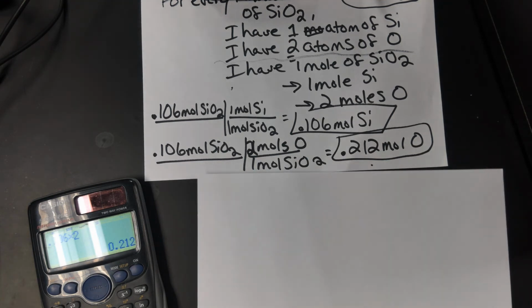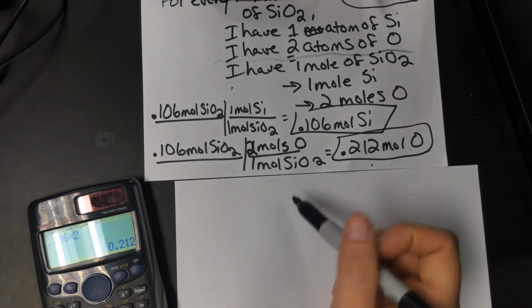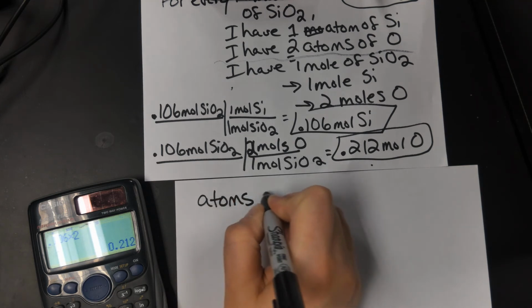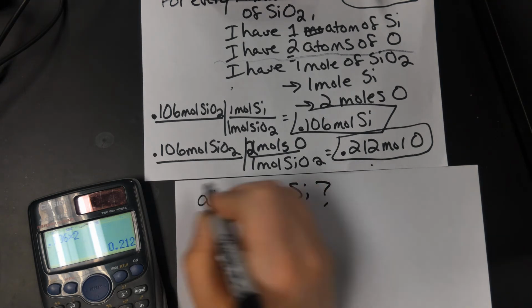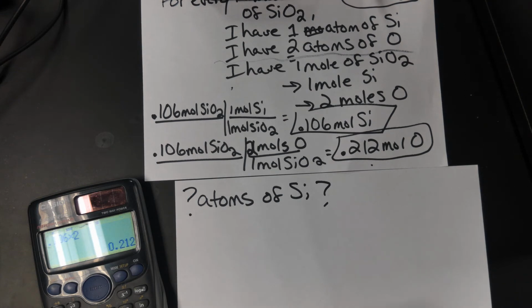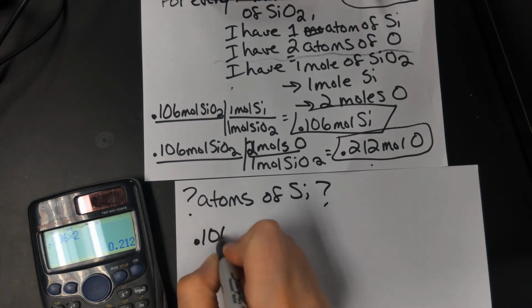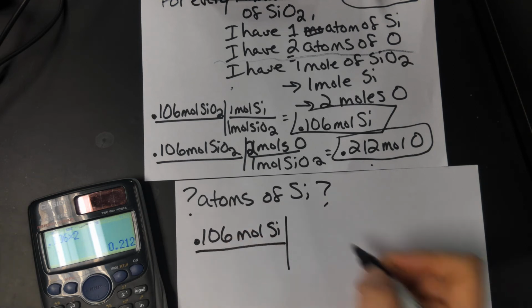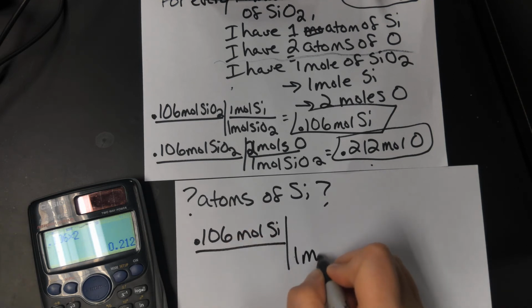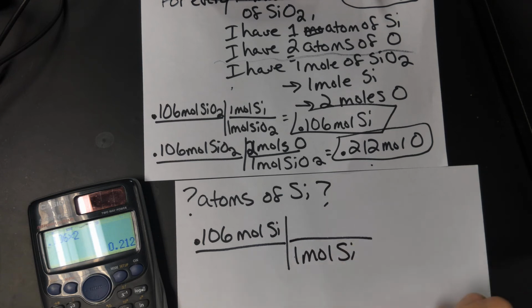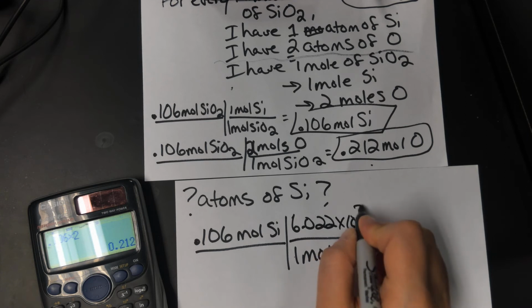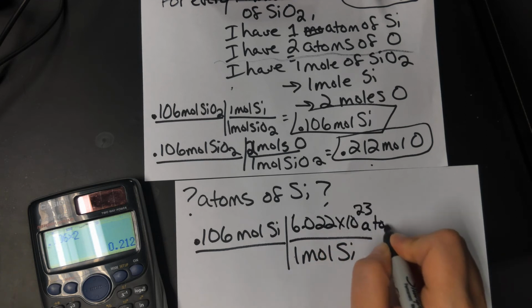So then the next part is just basically the same as we've done before. To find atoms of silicon, we would say I have 0.106 moles of silicon, and I know that 1 mole of silicon is the same thing as 6.022 times 10 to the 23rd atoms of silicon.